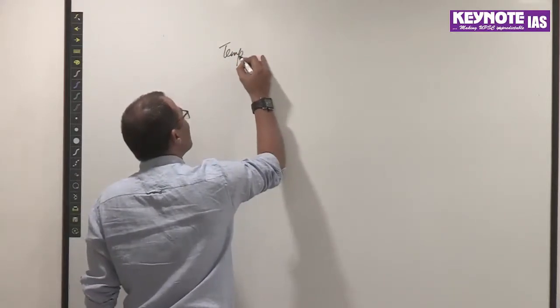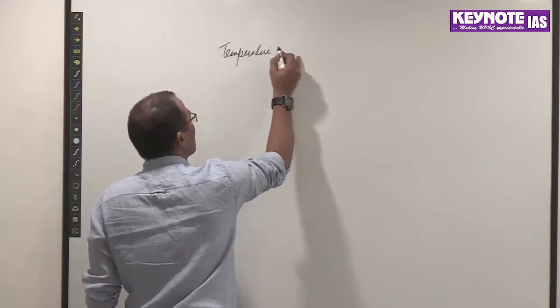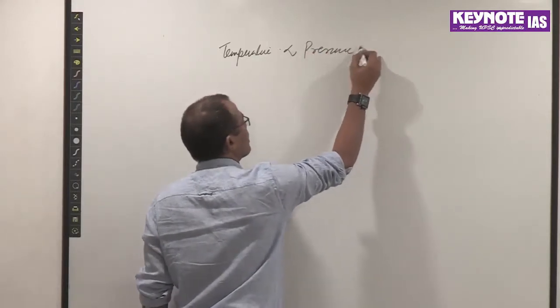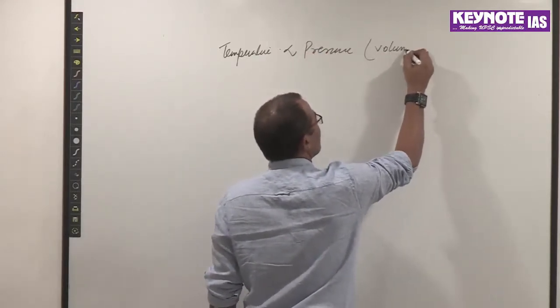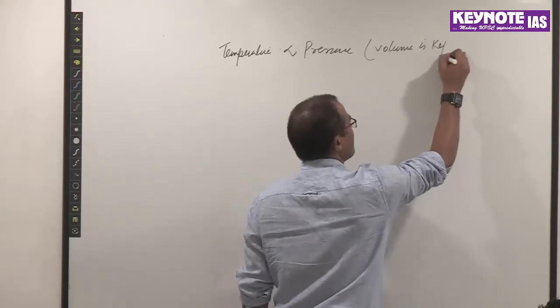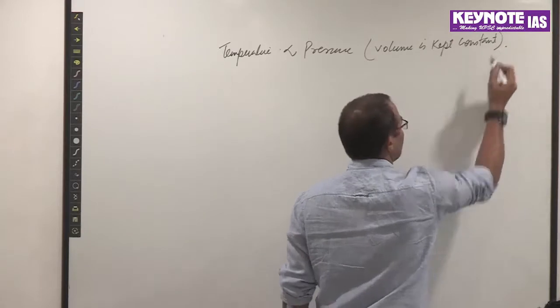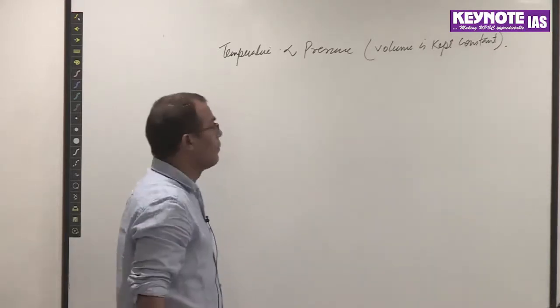Temperature, again in this case, is directly proportional to pressure when volume is kept constant, right?